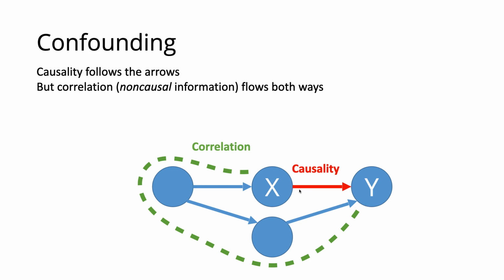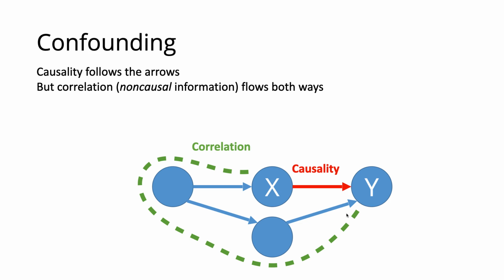This means that even if there was no causal link between x and y, we still might expect to observe a correlation between x and y because of this common cause back in time. So this is a common thing. There's a confound. We need to control somehow for these two things in order to be sure that any correlation that we observe is only due to this causal effect and not due to this non-causal path.